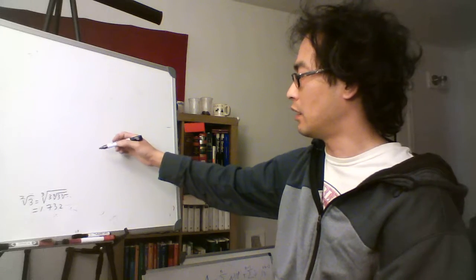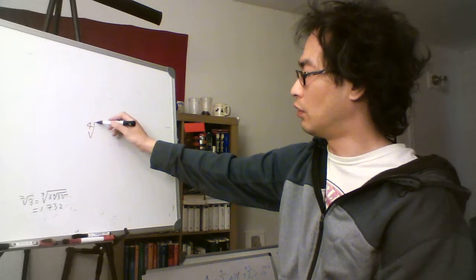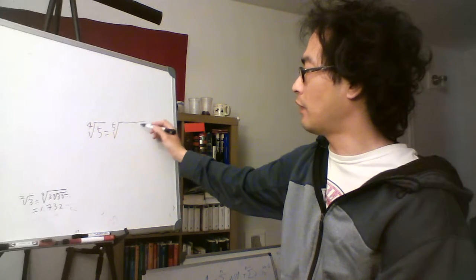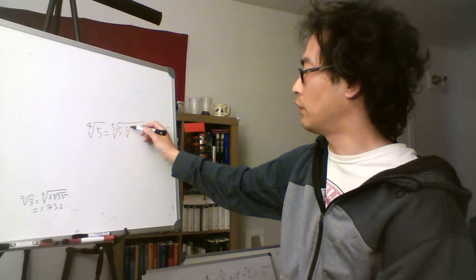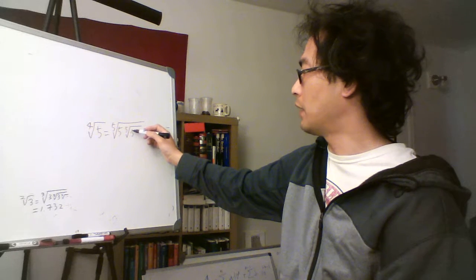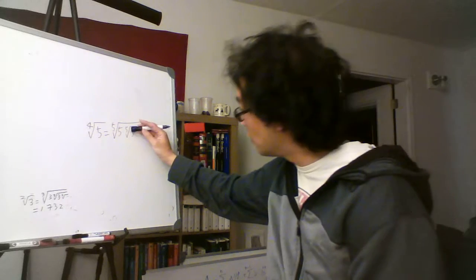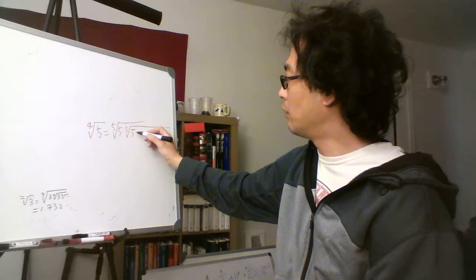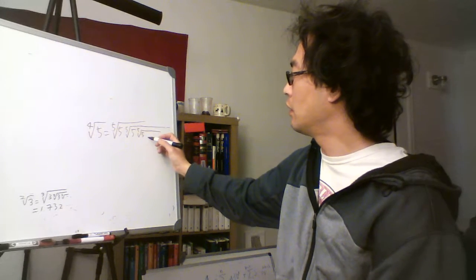And I just found that the quartic root of 5 is the quintic root of 5 times the quintic root of 5 times the quintic root of 5, and so on.